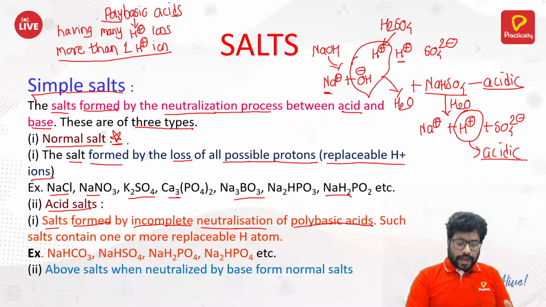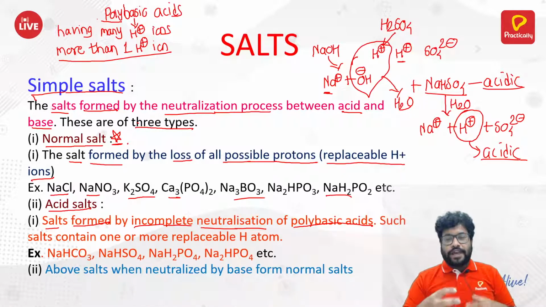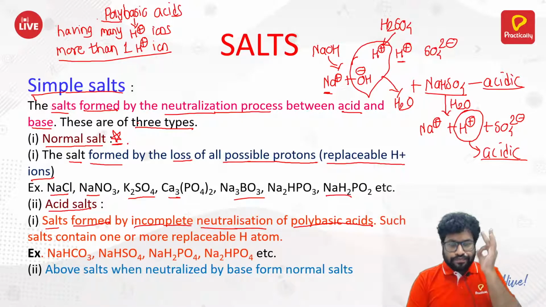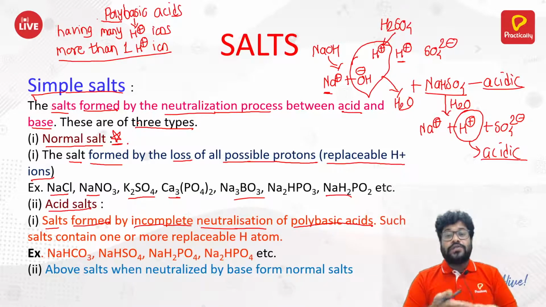Just as OH minus is the face of a base, similarly H plus ion is the face of an acid. So this particular compound reacts with water to release H plus ion.